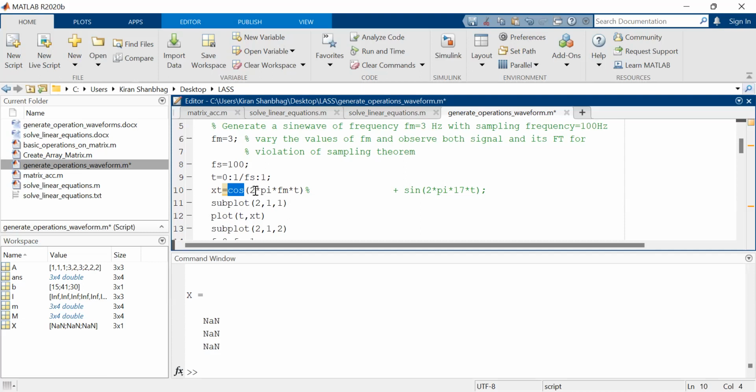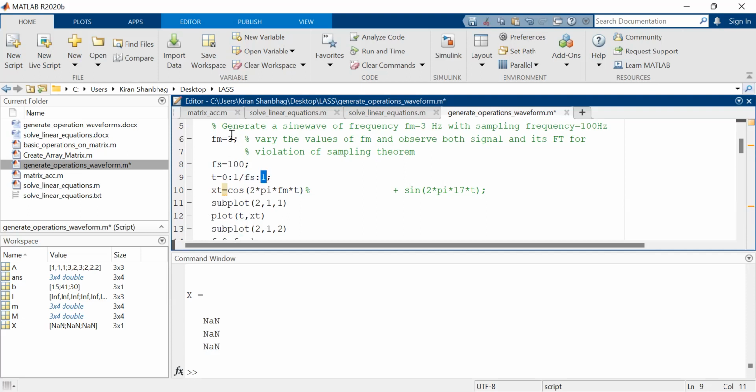So what is it? cos 2 pi ft. F is the frequency of your choice, which you have given as 3, and t is the discrete instance when you want to calculate cos 2 pi ft. So I want the values to be calculated and plotted at instances of 1 by fs. This is the time period between two discrete samples, 1 by fs. I want to start from 0 and I want to end at 1.